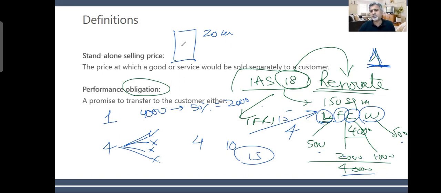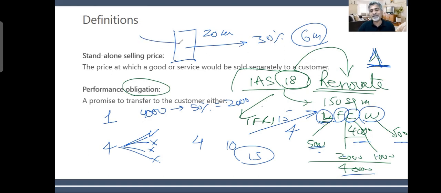So many things under 20 million. Before, not every price was given separately. So you said that, oh, this contract has been completed 30%, let's book 6 million revenue. And that was a very, very rough way of doing it. That was a very vague way of doing it.